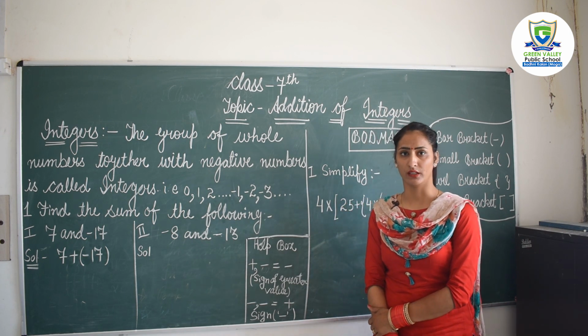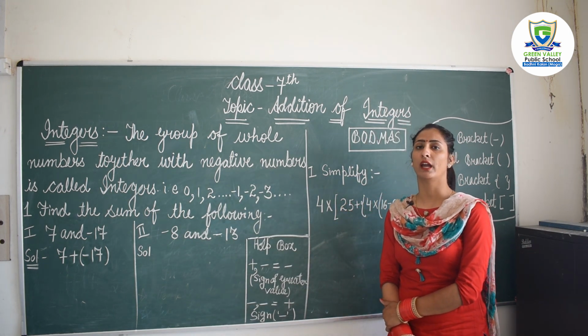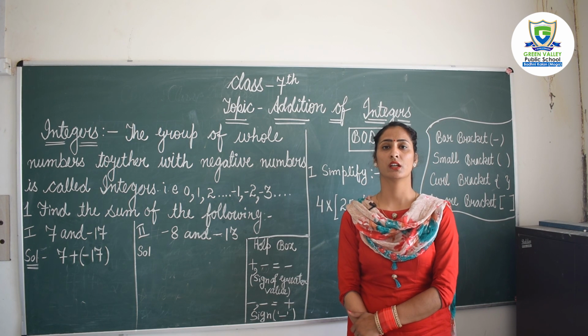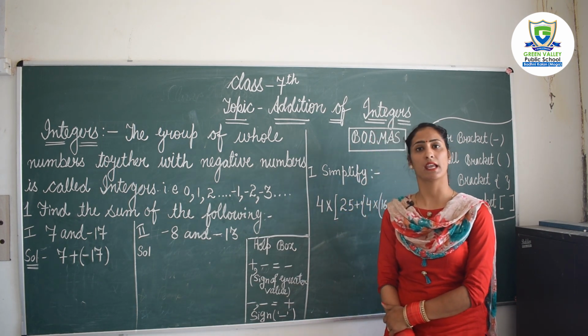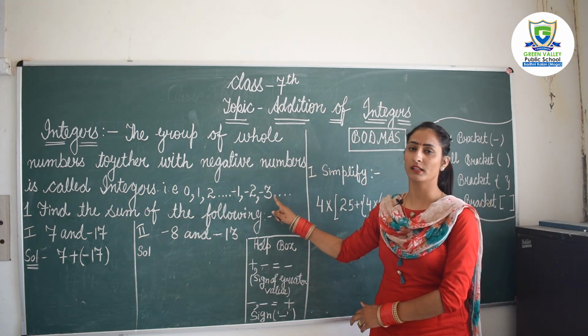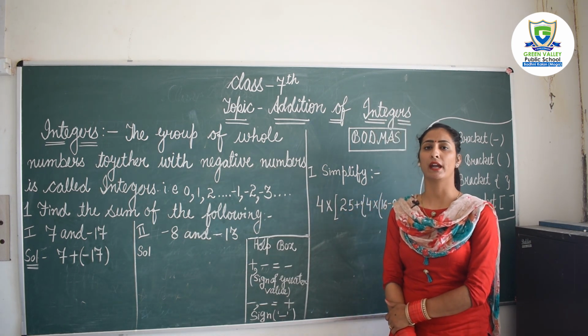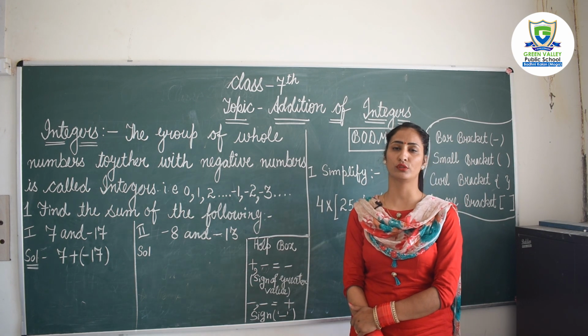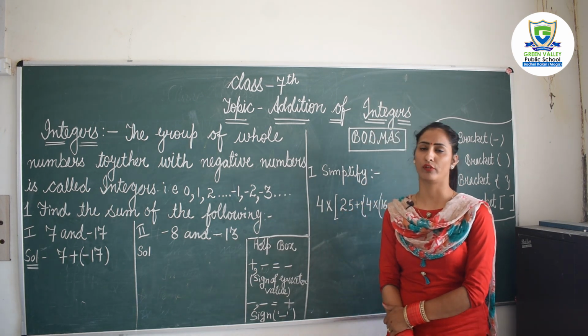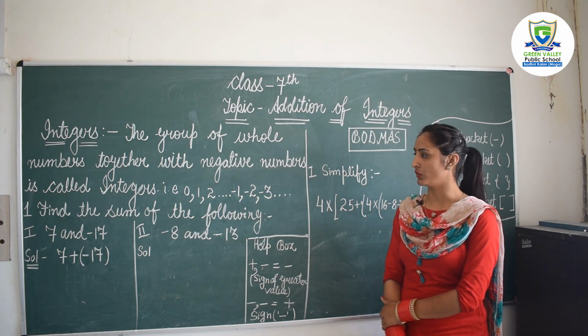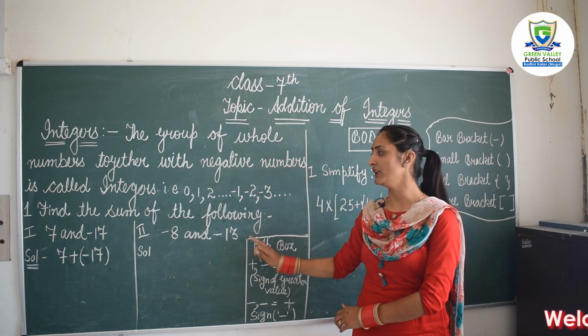In your daily routine, if you count anything and do any calculation, you can relate it with integers. Or if you purchase something from a shop and give money to the shopkeeper, that is also a form of integers. So let us check the sums of the integers.